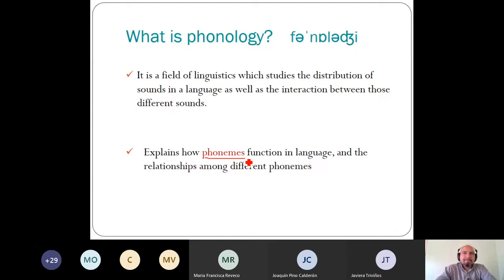So you can start words in English with the combination as in sprite, spring, sprout. You can have this consonant cluster in initial position, straight, street, strange. So in English, this group of consonant sounds is allowed in initial position.